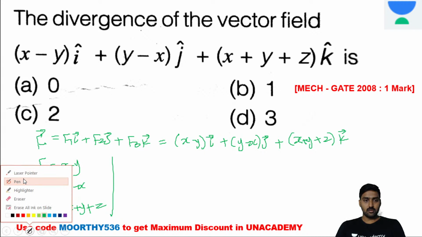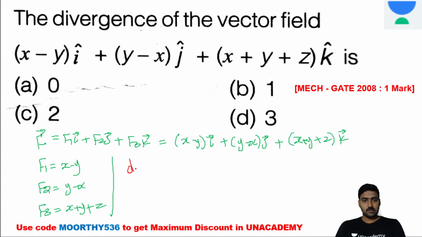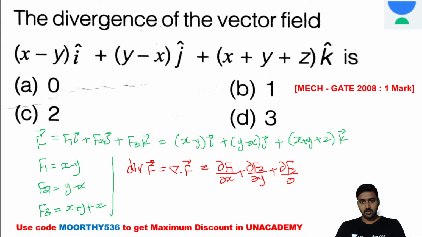The divergence of the f vector is equal to del dot f vector, which is equal to dou f1 divided by dou x plus dou f2 divided by dou y plus dou f3 divided by dou z. Is it clear now?